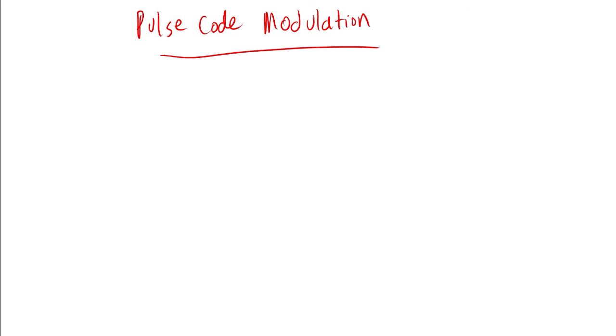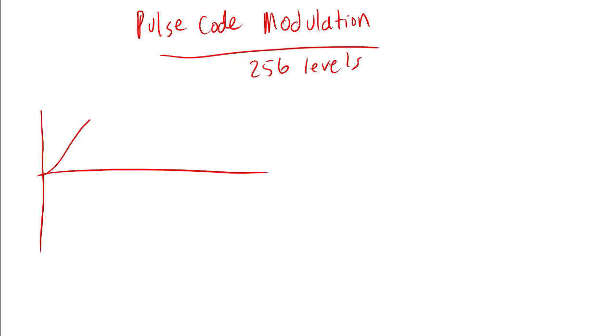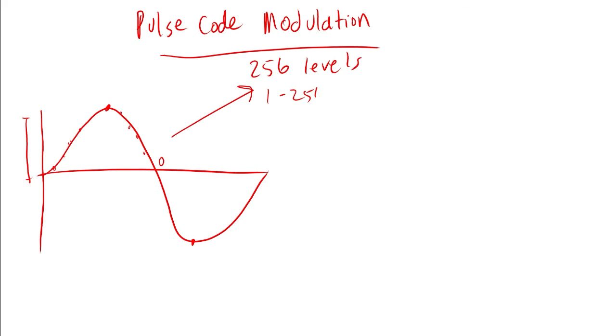And the way that it works is it's 256 levels. So this is our signal. And this is at the top. This is 1. This is the bottom. And here's 0. So when we measure, and we might measure this more often, but every value we get is going to be rounded to the nearest 1 to 256.